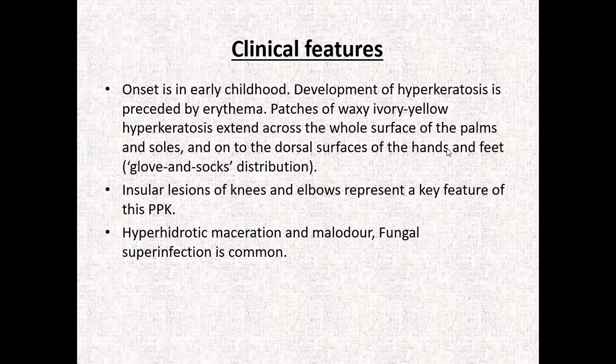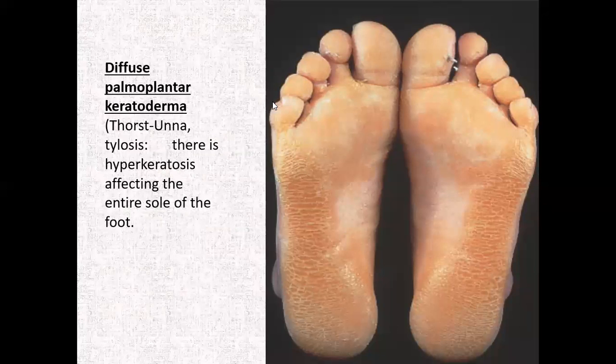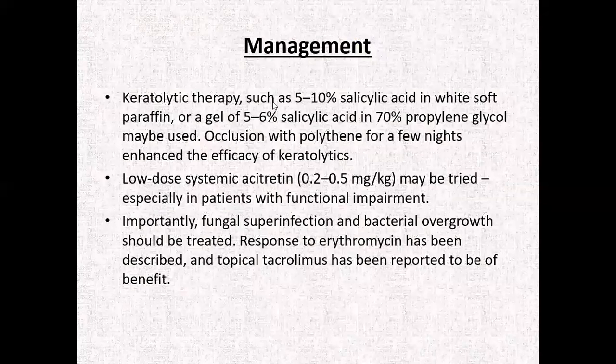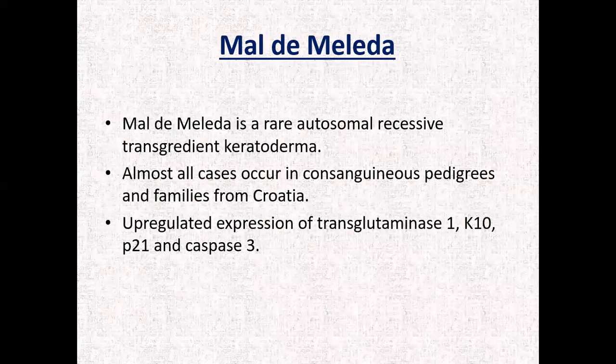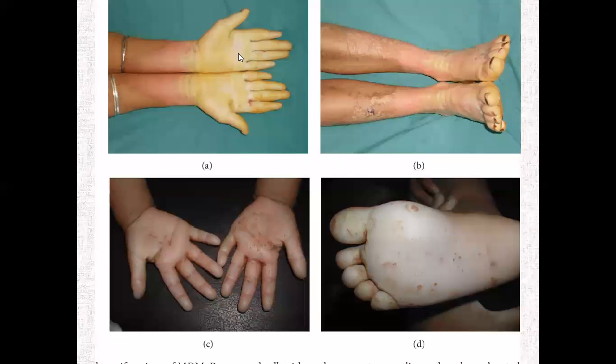So Thost-Anna type is not characterized by transgradient keratodermas, while Meltimellida type is. Both are non-epidermolytic keratodermas, while Meltimellida is characterized by extension of keratodermas on the dorsal surfaces of hands and feet in glove and stocking, as well as lesions on knees and elbows.